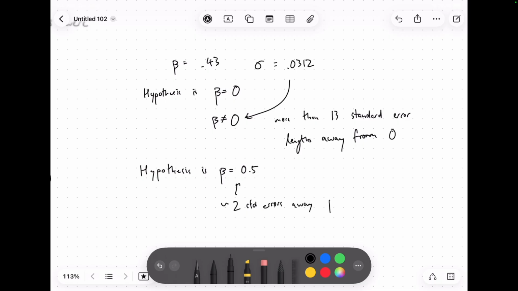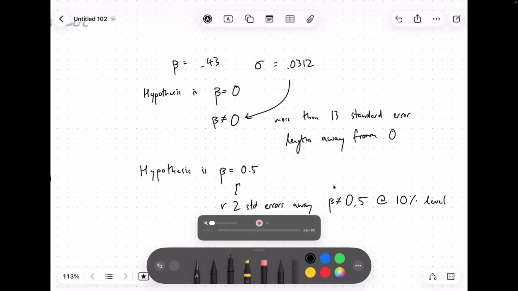So you would say that it's not equal to 0.5 at the 10% level. Yeah, we don't quite make the 5% level, because it's slightly smaller than 2. Make sense? Cool. Any other questions?